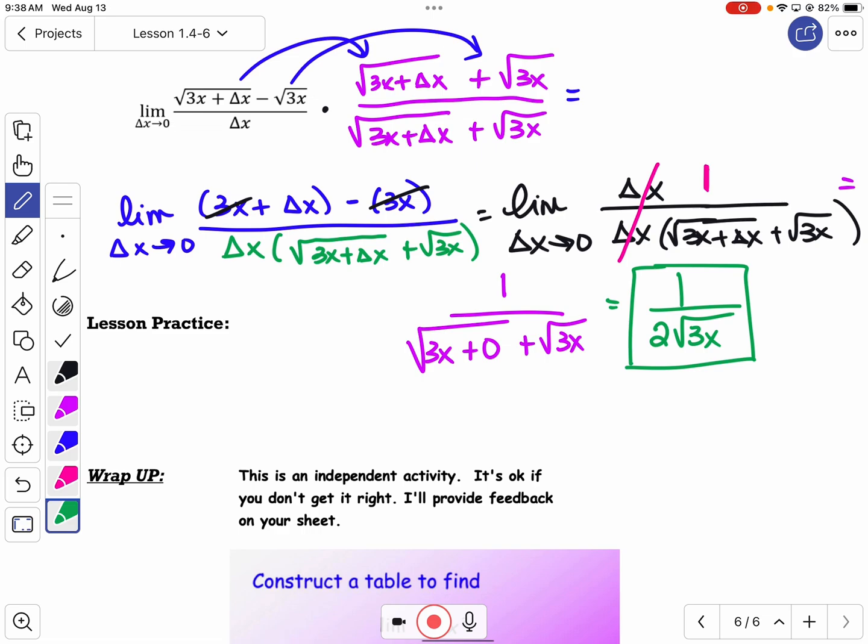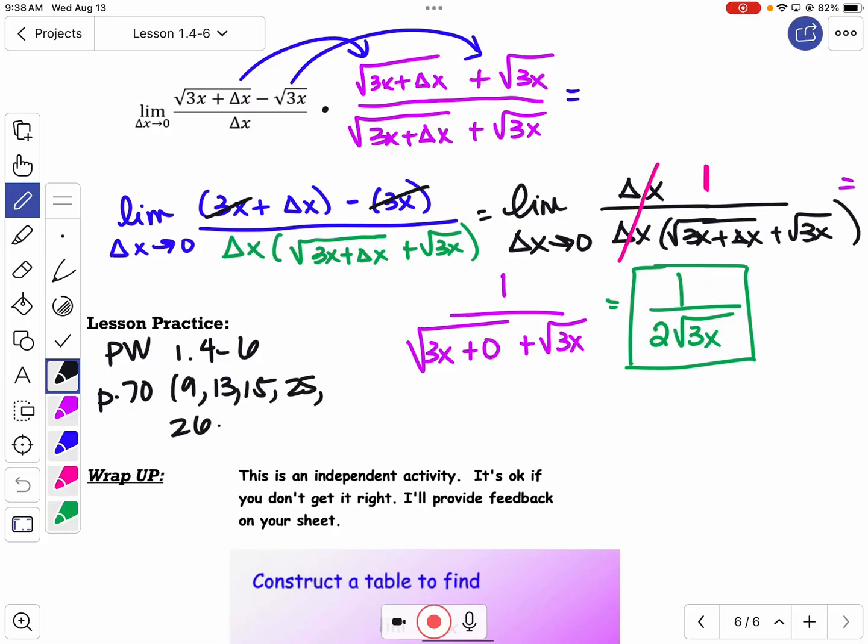All right. Woo! That was a lot of algebra right there for you. So for your lesson practice tonight, there was a worksheet back there. It's a practice worksheet, 1, 4 through 6. And then on page 70, number 9, number 13, 15, 25, 26, 27, 28, and 29.